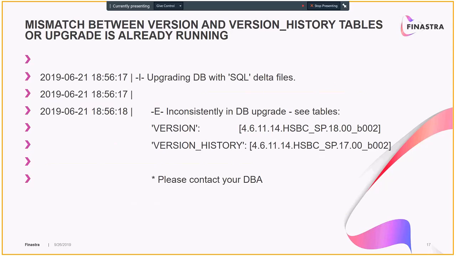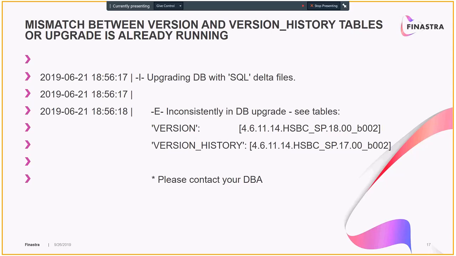Okay, so we all are aware, right? There are two main important tables in GPP, version and version history. In the version table, we always maintain what the current GPP version is. And in version history, we always maintain what version upgrades have been done. As soon as a version upgrade happens, we insert one row.